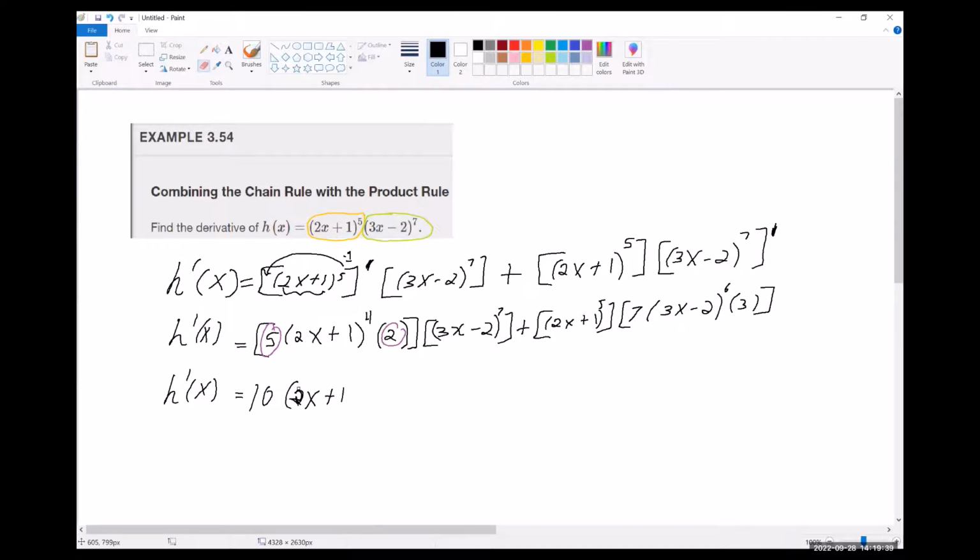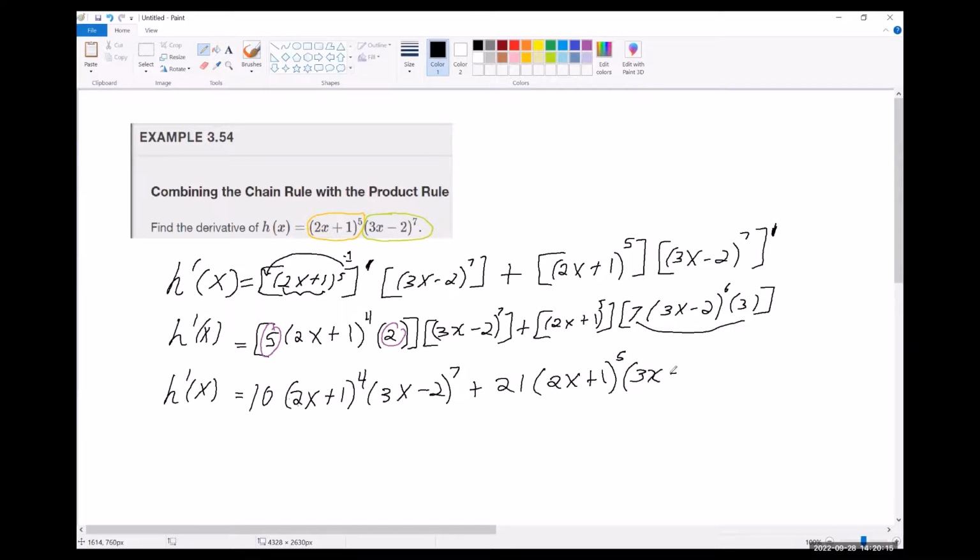Let me see if I could do a nicer 2. I don't think I can do anything else. Then it's the 3x minus 2 to the 7th power. The only thing here I can do is multiply the 7 and the 3, which is a 21. But the 2x plus 1 to the 5th power, I don't want to multiply that out.